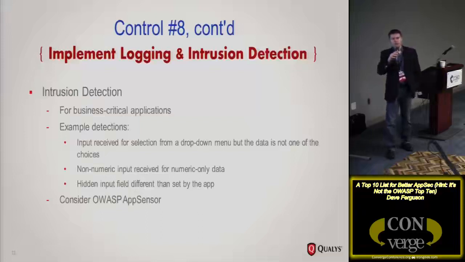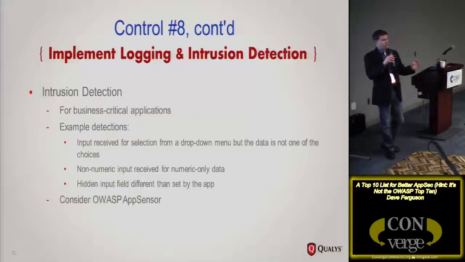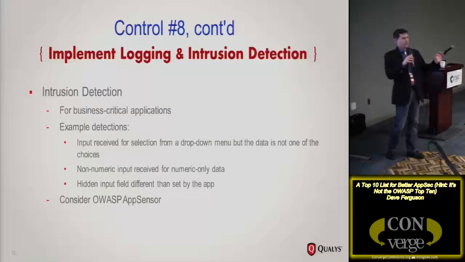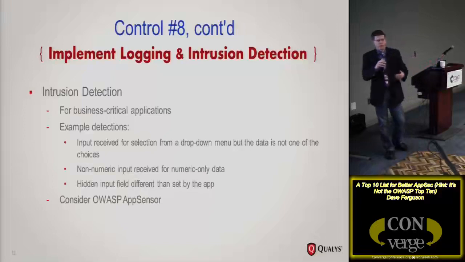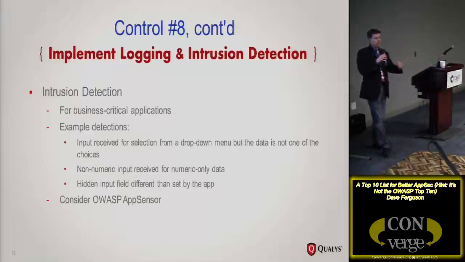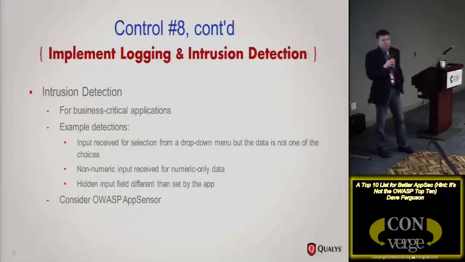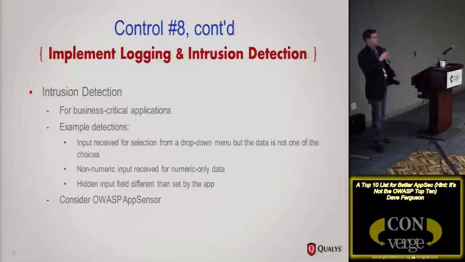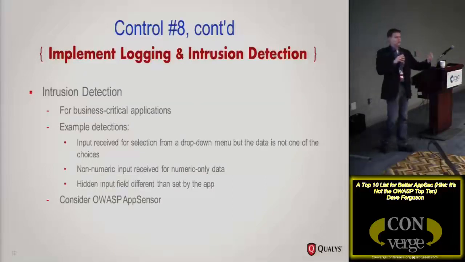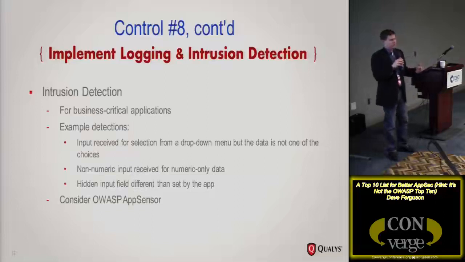Similarly, if you have a non-numeric input on an input field, maybe your JavaScript framework in the browser enforces numeric values or digits, but suddenly your application on the server side starts getting input that's not numeric. That's another clue that there may be an attack, or at least a pen test going on. And then also hidden input fields. Sometimes HTML forms have dozens and dozens of hidden input fields in them.